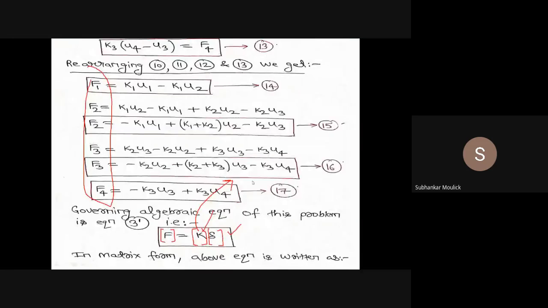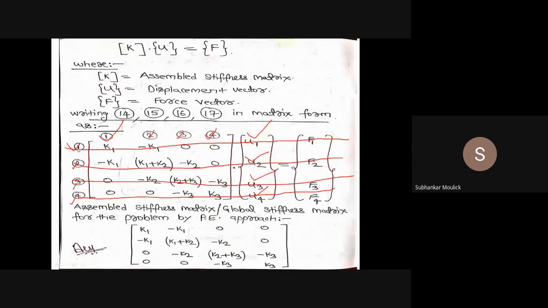So I have written it as a column matrix, because the first row is the first node, the second row is the second node, the third row is the third node, and the fourth row is the fourth node. Equal to, again it will be a column matrix, the force vector. The first row represents the nodal force acting at the first nodal point, which is F1. The second row represents the force at the second nodal point, F2.